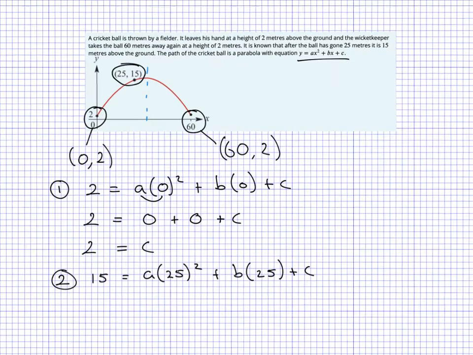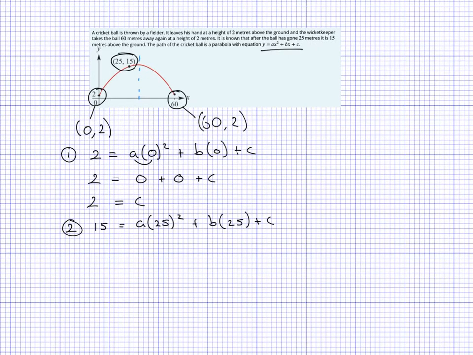This one is slightly harder to simplify, so I'm just going to leave it as is for now, because we might find out that later on we didn't need to do this. And the third equation is using the third point, which is 60 and 2. So 2 equals a times 60 squared plus b times 60 plus c.